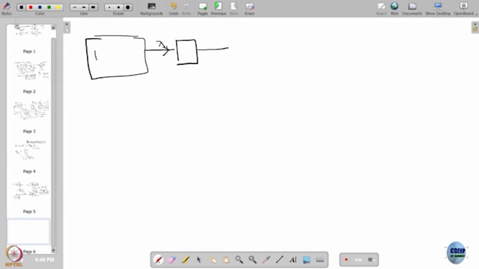Since I am making a mess of writing, I will just write mono lambda. And of course, the lamp is somewhere here. The lamp is the source of light. And remember, we are talking about an absorption spectrophotometer here. And here we put a detector.